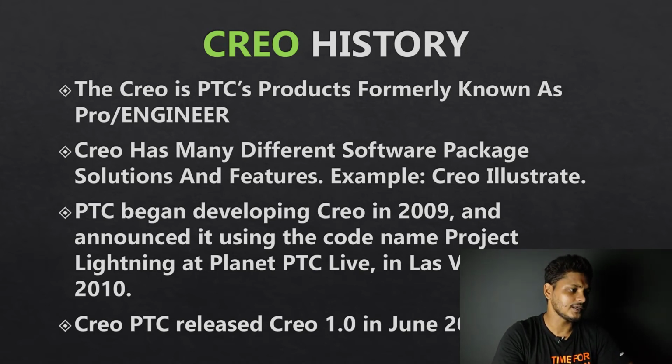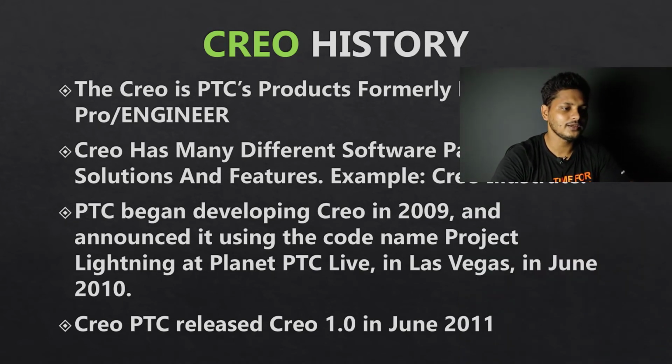The next point is PTC began developing CREO in 2009. This project started in 2009, but it actually released its first version in 2011. And as you know, it is an American company, so its launch site was Las Vegas in the USA.